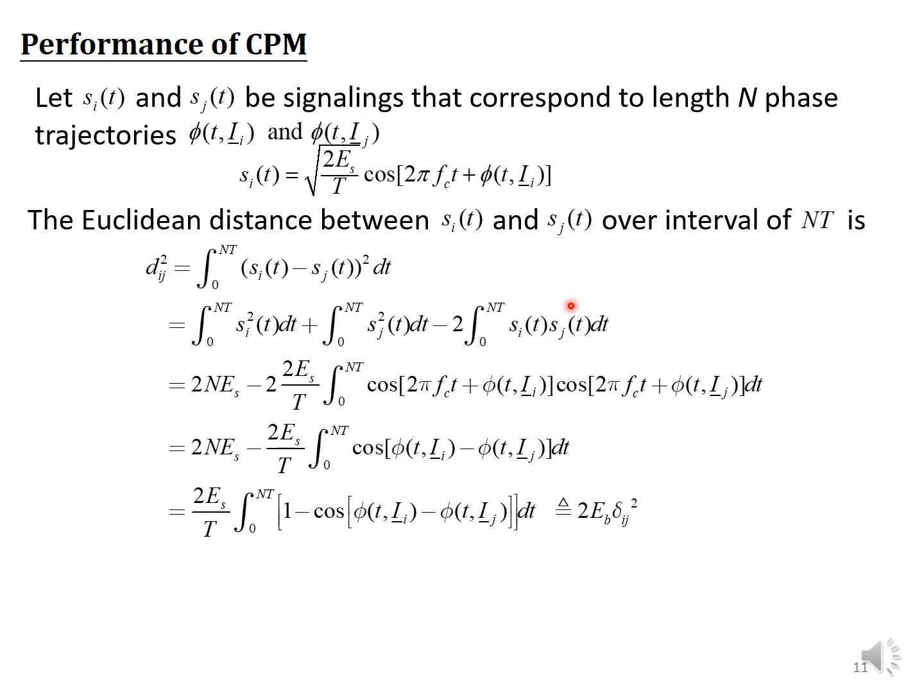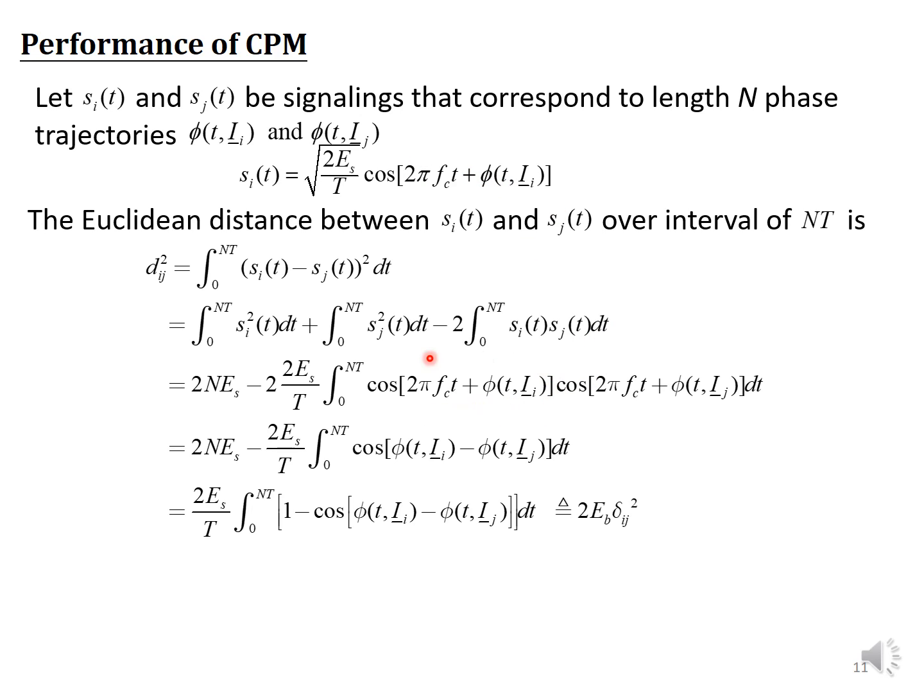And this cross term, we have the signal s_i(t) and s_j(t).